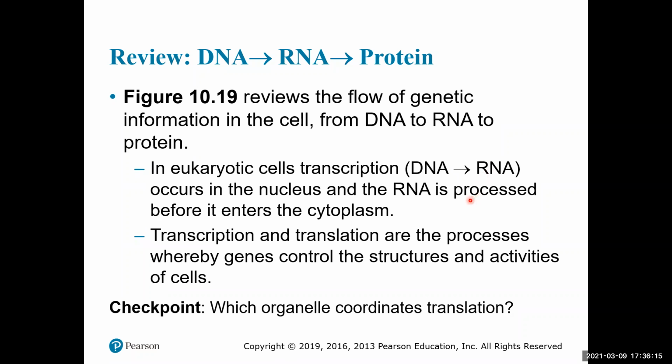And that has to be processed before that messenger RNA leaves into the cytoplasm, which is out of the nucleus. Once that happens, translation occurs in the cytoplasm, either in free-floating ribosomes or ribosomes that are attached to the endoplasmic reticulum, where the associated polypeptides and proteins will be made.